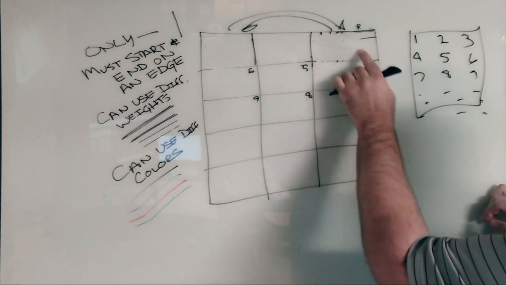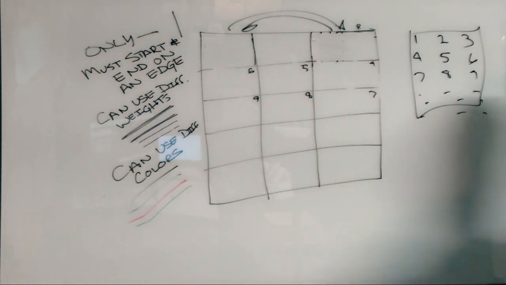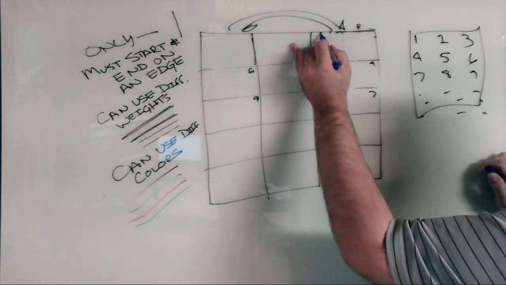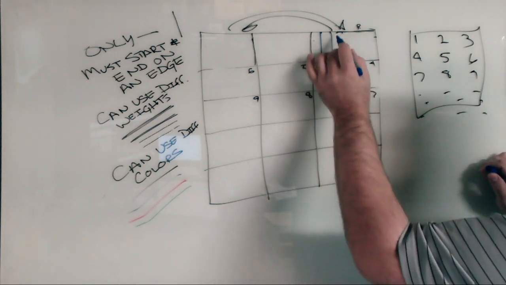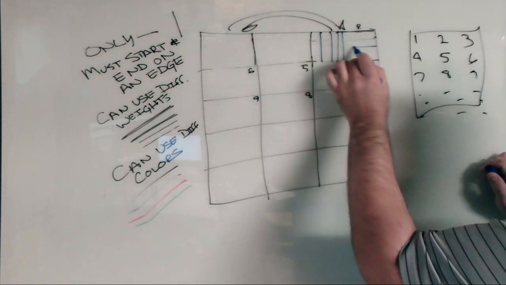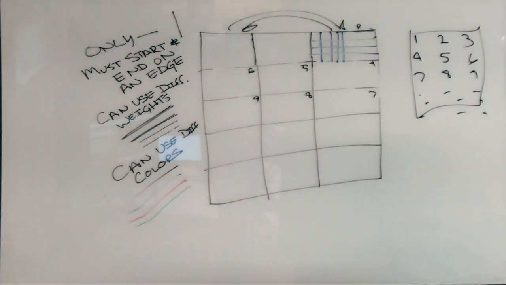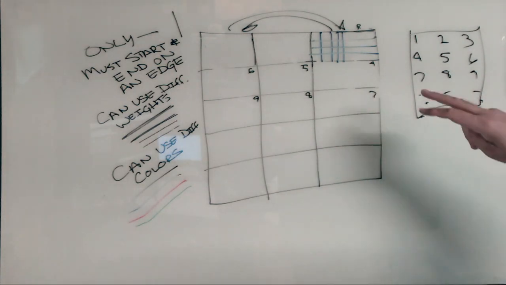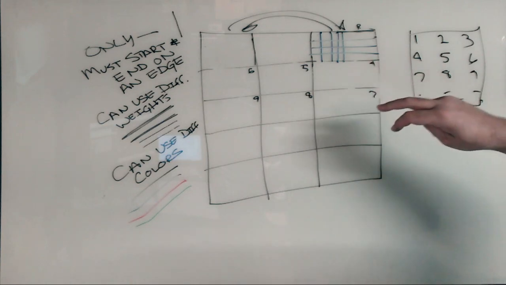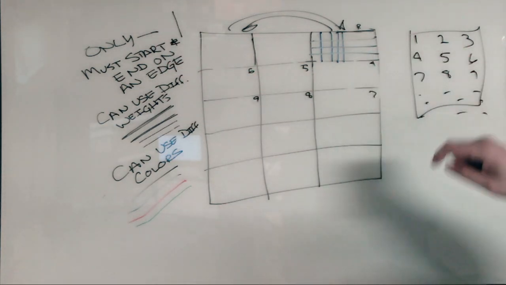Let me just redo that. Okay, perfect. Whatever. I'm not worried about it too much, but I'm giving you the examples, right? So, rule one, did I meet it? I only used verticals. I only used horizontals.